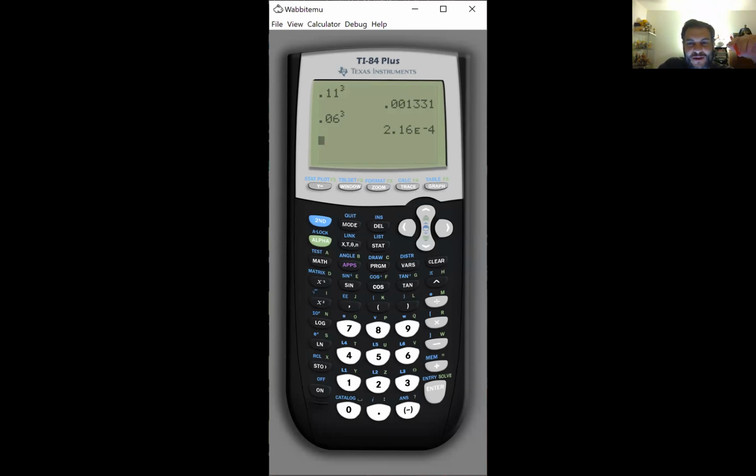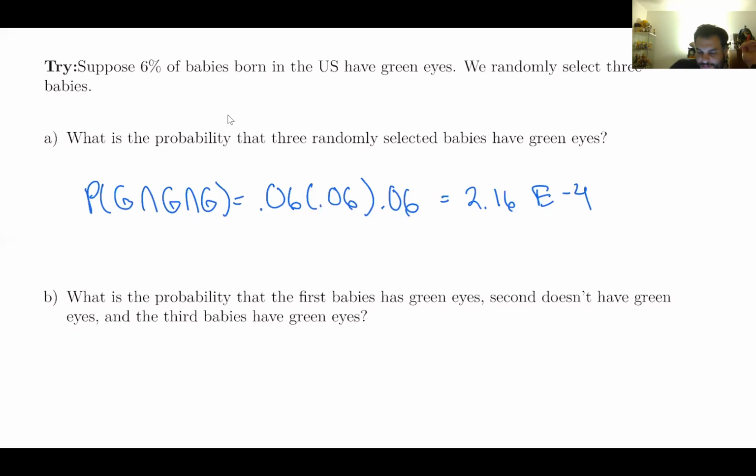All right, let's go over to my notes. Cool. The reason why the calculator gave you 2.16 e to the negative 4 is that there are 2 occasions when it will do that. It will do that either if your value is extremely low or if your value is extremely high.